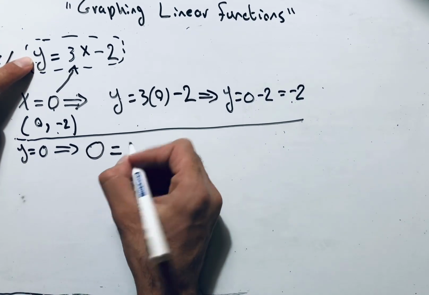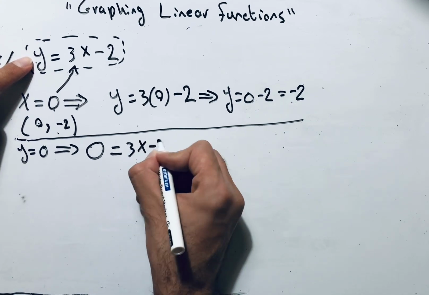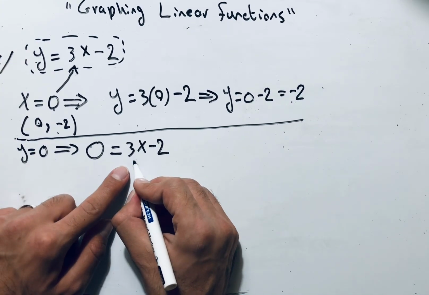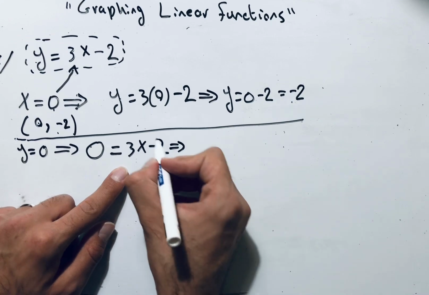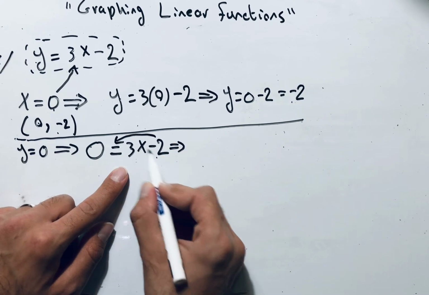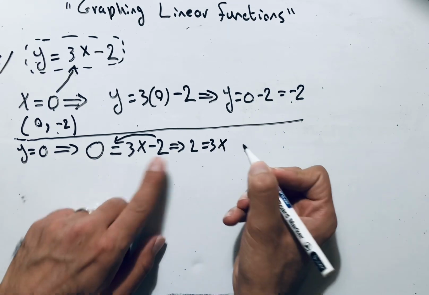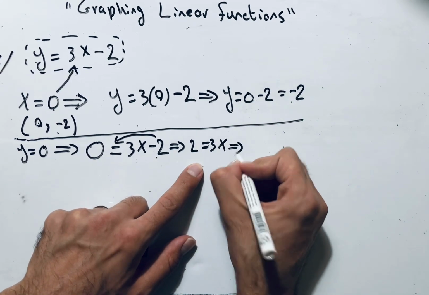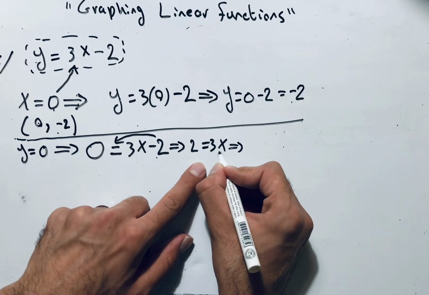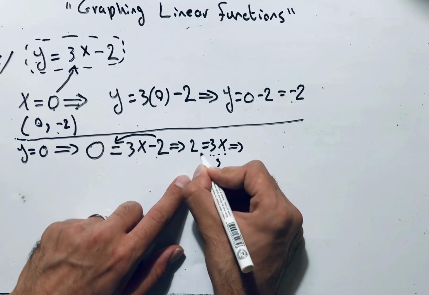So now 0 is equal to 3x minus 2. So I'm going to be solving for x here. Okay, so basic stuff. We're going to be moving negative 2 to the other side, so it becomes positive 2, equals 3x. From here, we're going to be dividing both sides by 3.